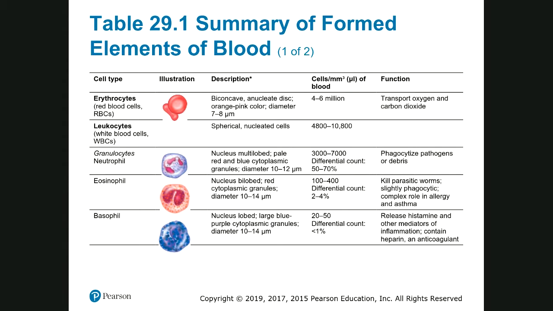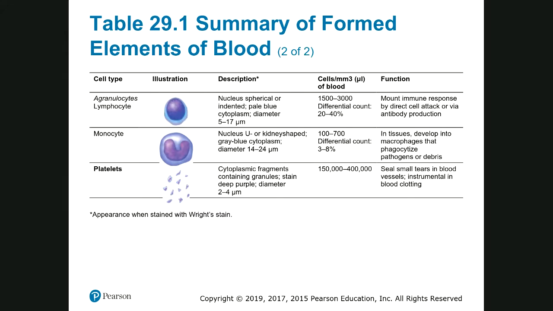So the next are the non-granulocyte cells, which are very smooth. If you look at their cytoplasm, they don't have granulation. The nucleus is very spherical. The lymphocytes are the smallest of all the formed element cells, the smallest of all the white cells.